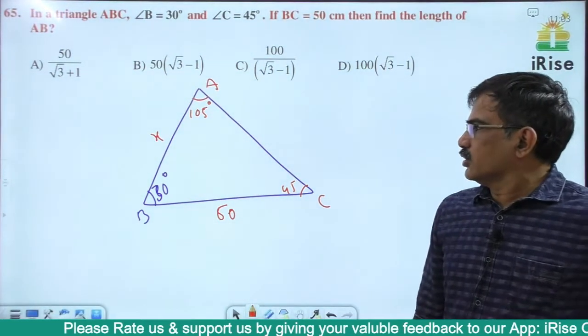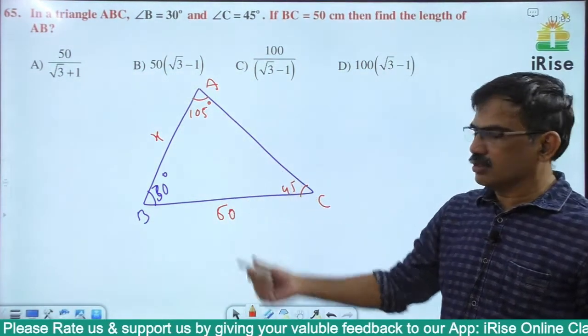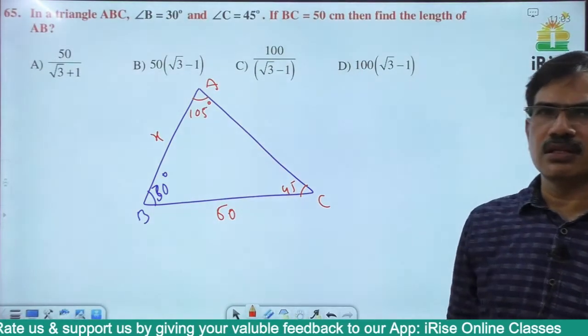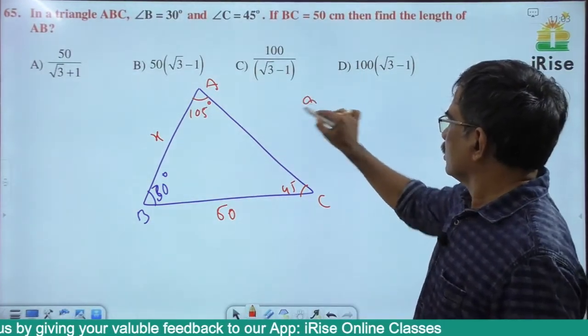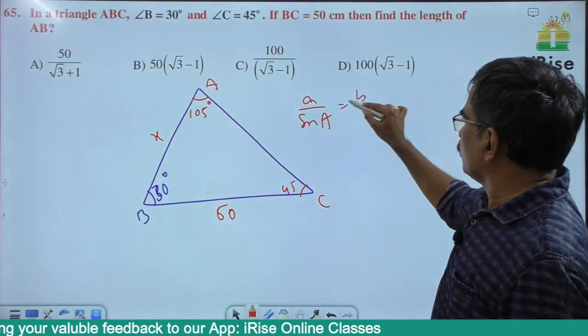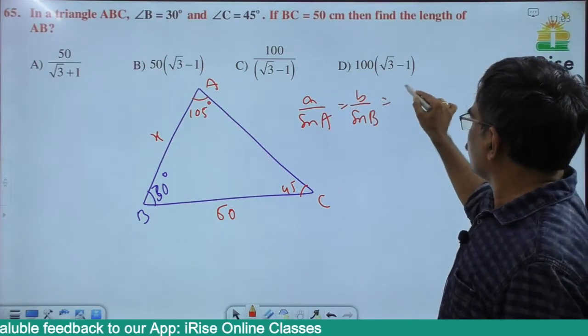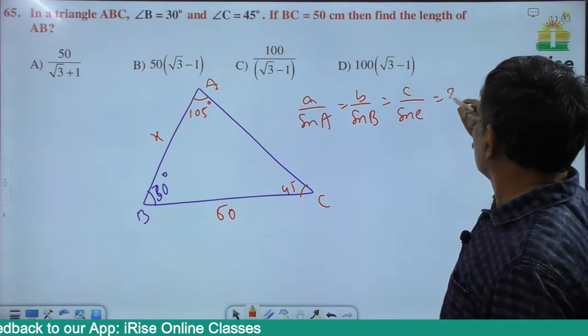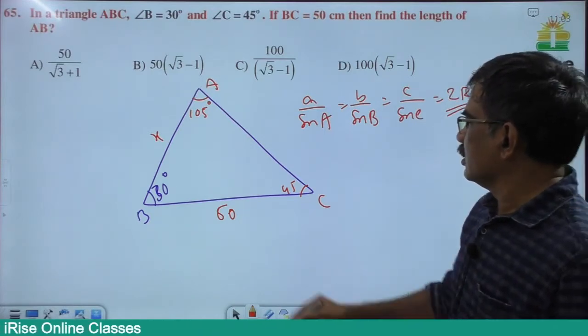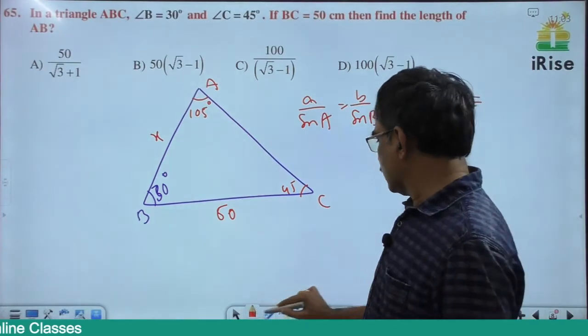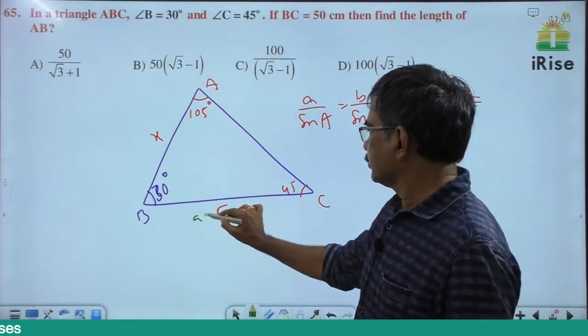Okay. So here three angles and one side are given, we can easily find the other sides also using the sine rule. a by sin A is equal to b by sin B is equal to c by sin C is equal to 2 capital R. Opposite to A, I want to consider this as small a.